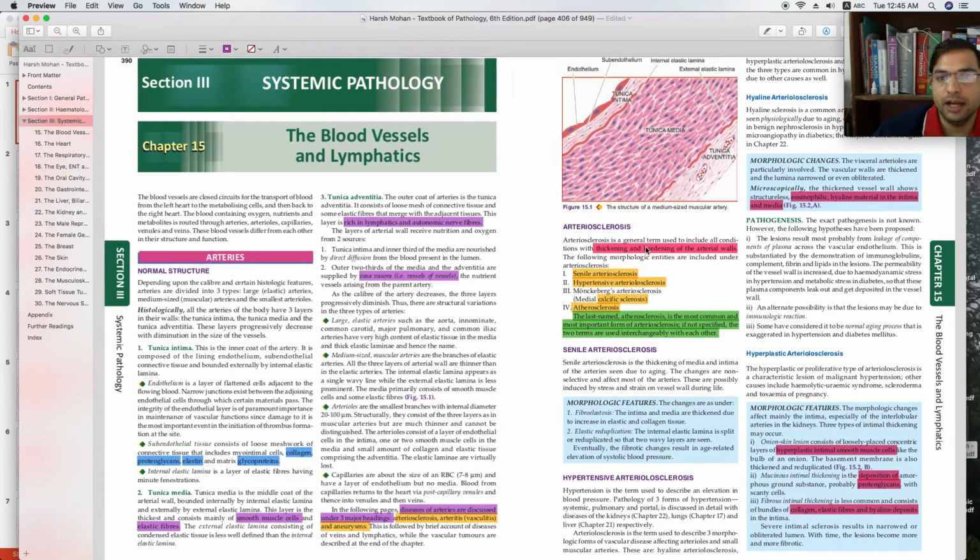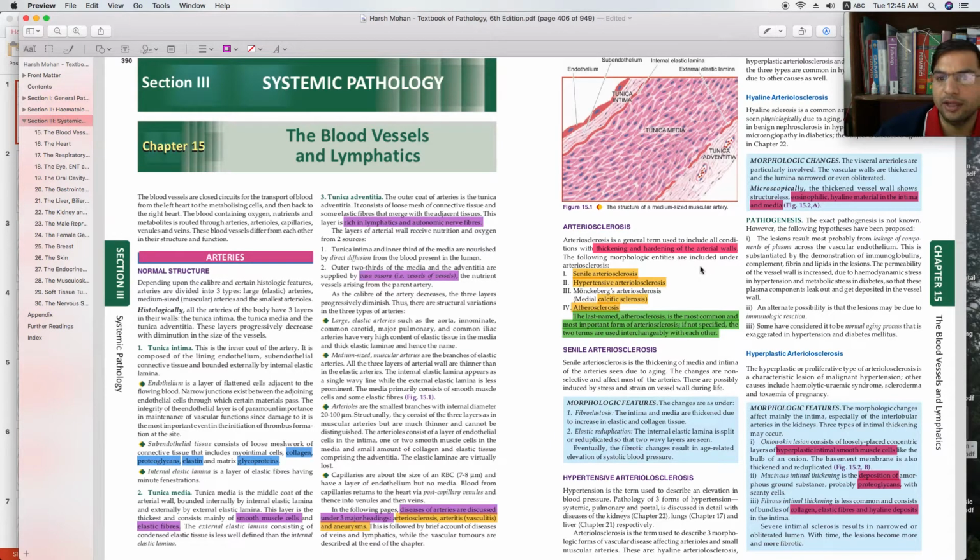Arteriosclerosis can be categorized into: number 1, senile arteriosclerosis. Senile means pertaining to age. With old age, the arteries become thickened and hardened. That is called senile arteriosclerosis.